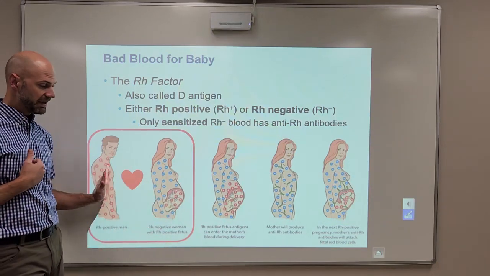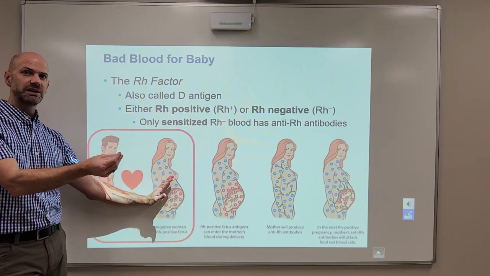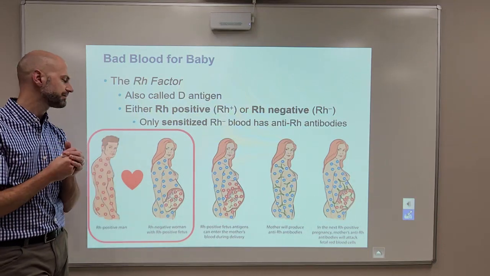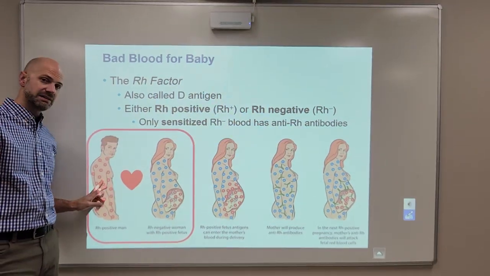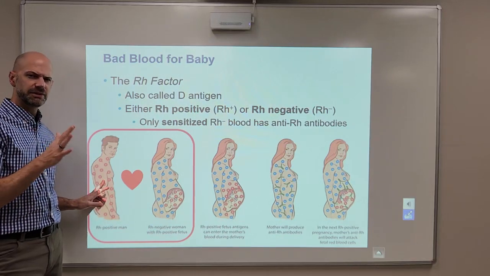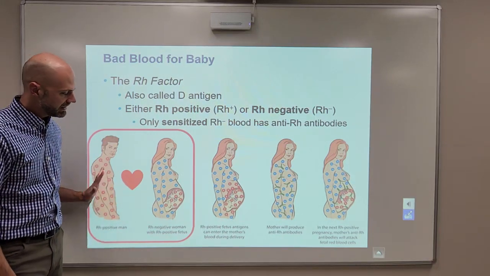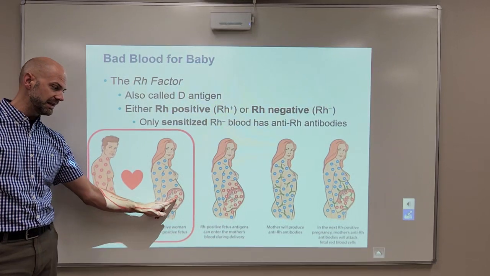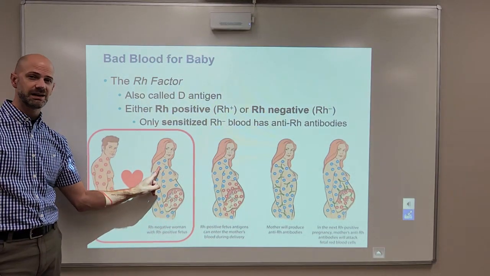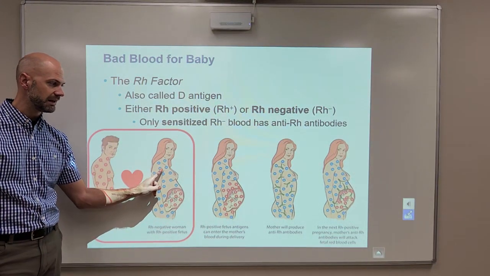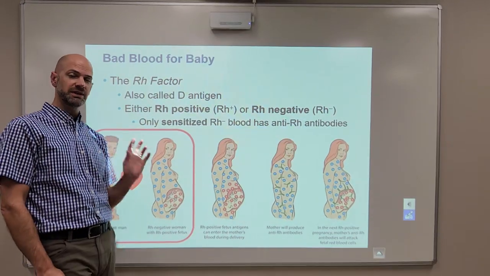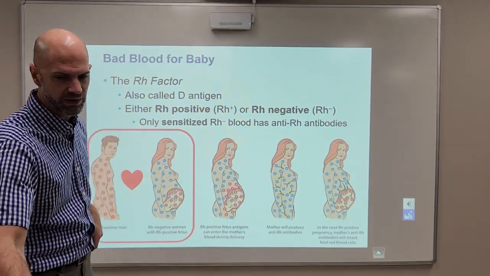So it depends on which allele gets donated in the sperm or the egg, right? If his sperm has the positive allele versus the negative, it just depends on his genetics. But at least the potential is that the baby has RH factor and mommy does not. Therefore mommy could potentially have an immune reaction. Okay, let's walk through that.